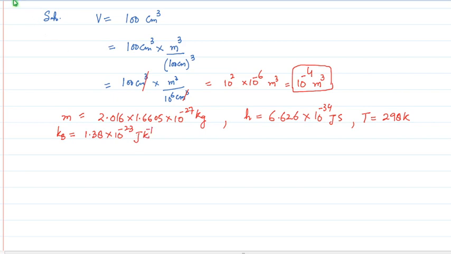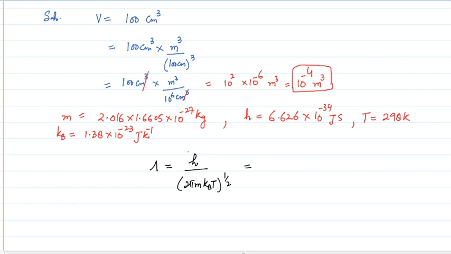So we will now use the thermal de Broglie wavelength here. That means lambda is equal to h upon (2 pi m k_B T) raised to the power half.